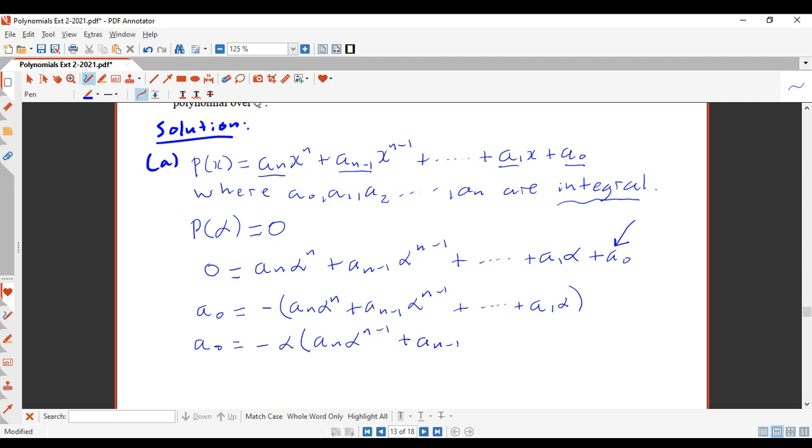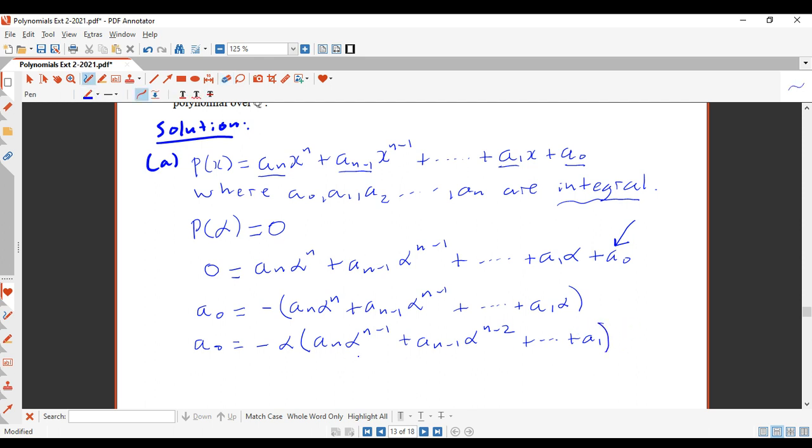Plus an minus 1. This will be alpha to the n minus 2, because when I multiply that by alpha, I'm going to get n minus 1 to the power, plus a1 alpha. Actually, no, that won't be a1 alpha. It'll just be a1, won't it? Don't need that there. Okay, so just a1.